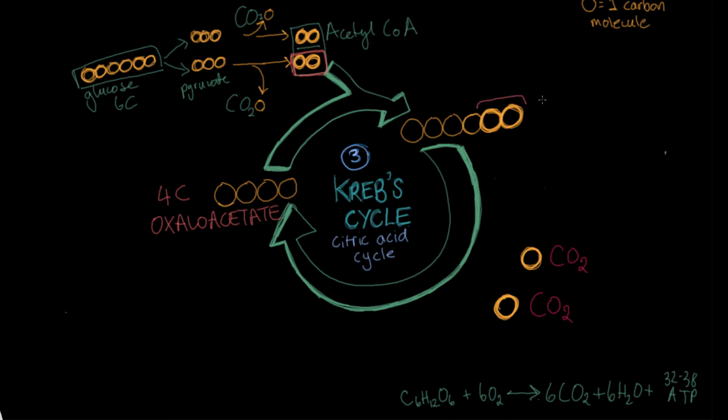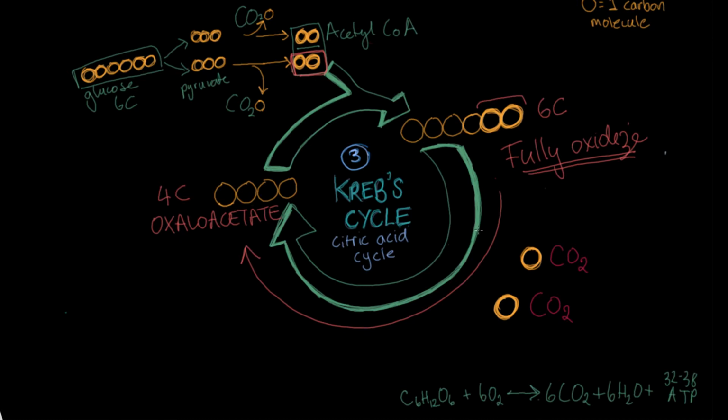So we now have a 6-carbon molecule. Now what we're going to do is we're going to fully oxidize the acetyl-CoA and return back through a series of steps, there are molecules along this way, back to our oxaloacetate. Now remember, oil rig, oxidation is loss of electrons. In that process, 2 carbons are going to be released as carbon dioxide. Okay, so we've got 2 carbons coming off here as carbon dioxide as we take the electrons off.